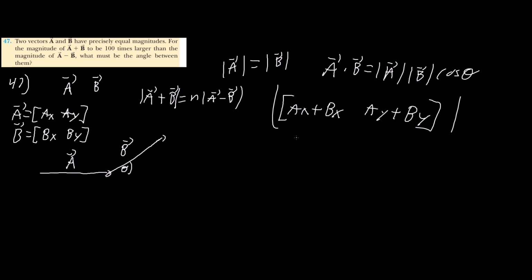And A minus B is going to be AX minus BX, AY minus BY, and we're going to take the magnitude of that.